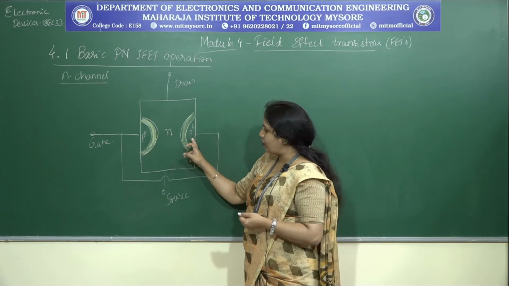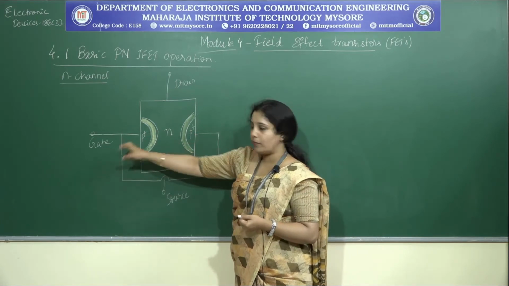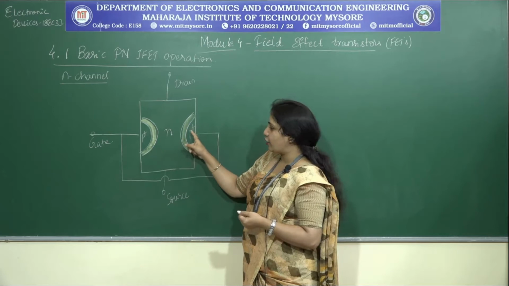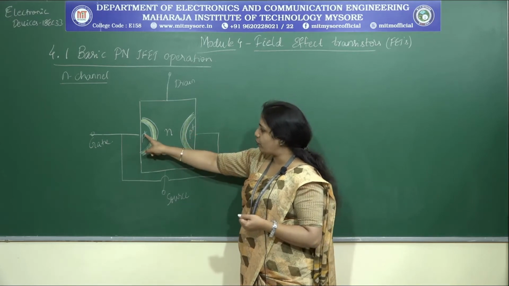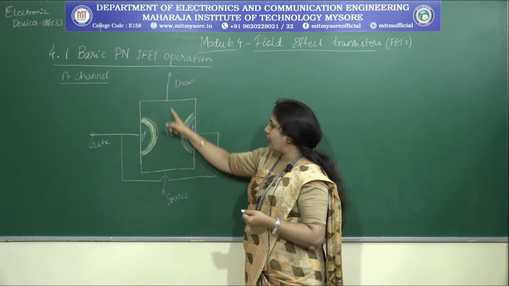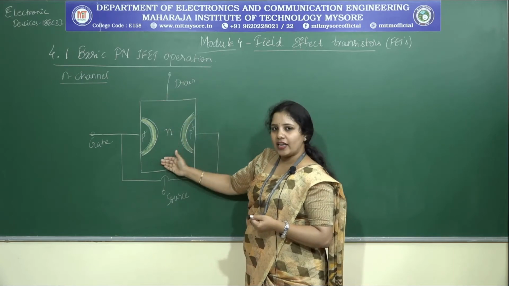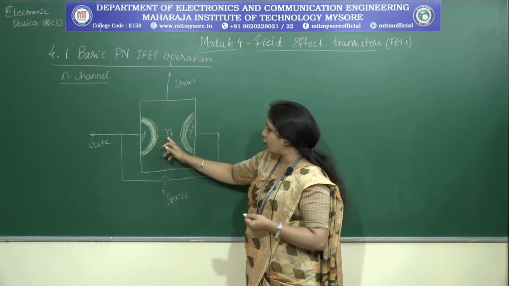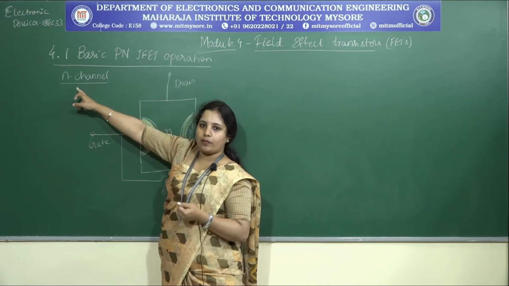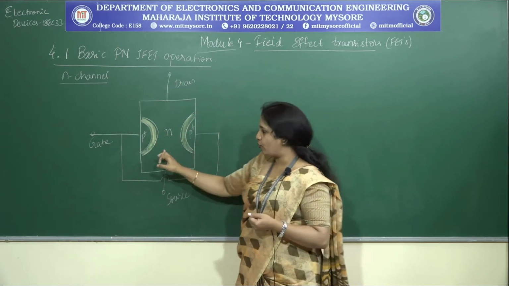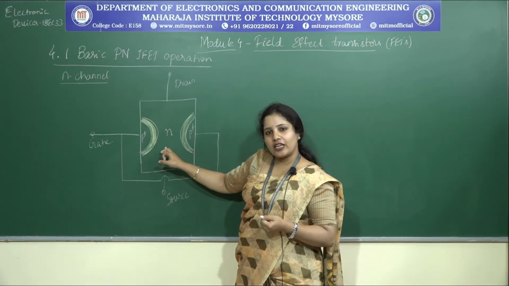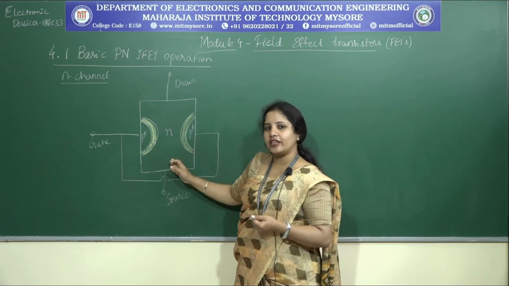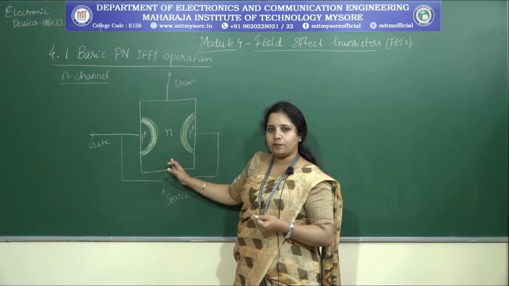Whatever regions I connect in order to make a gate terminal have to be at higher doping concentration. Therefore, I put up a plus sign at the top, whereas the underlying layer that forms a channel should be of the same material as that mentioned in the name. If I say N channel, then the material should be of N type. If I say P channel, then what should be the underlying material? It has to be of P type material.